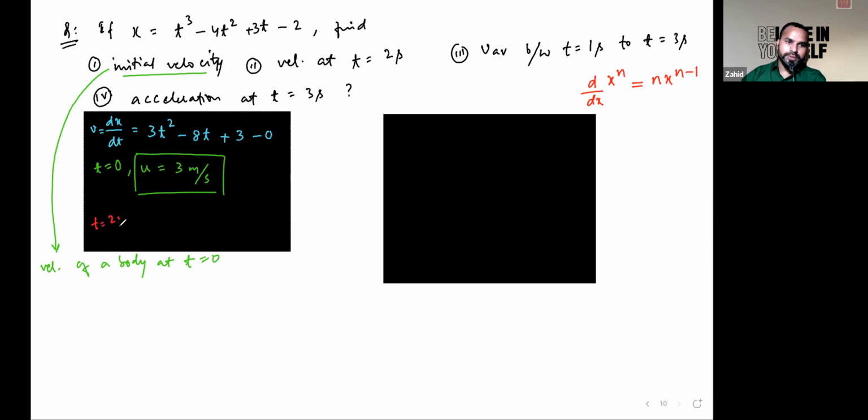At t equals 2 seconds, velocity would be 3 into 2 square, that is 12, 8 into 2 is 16, and 3. So 12 plus 3 is 15, minus 16, which is minus 1 meter per second. So it will be the velocity at t equals 2 seconds. Is it clear? Yes, sir.